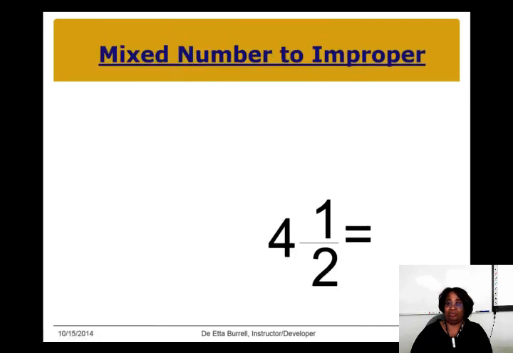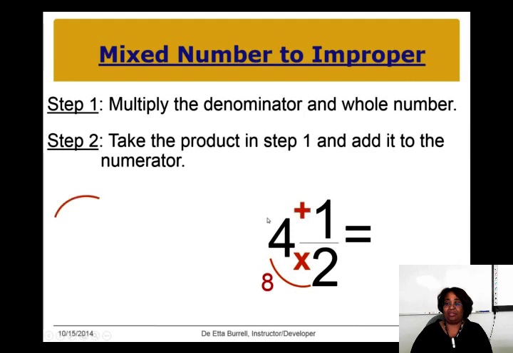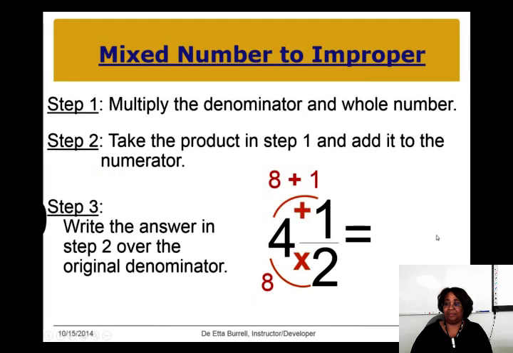Again, to make a mixed number improper, take the denominator, multiply it by the whole number, get that product, add that product to the numerator, and keep the same denominator. So this is just a review of what we've already done. Okay? Any questions on this? Right?